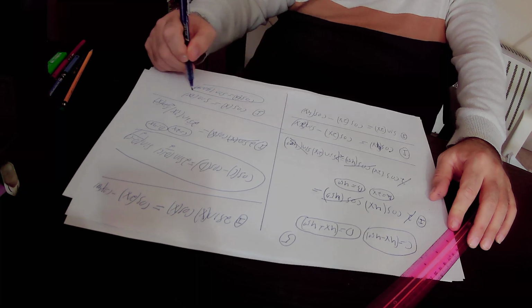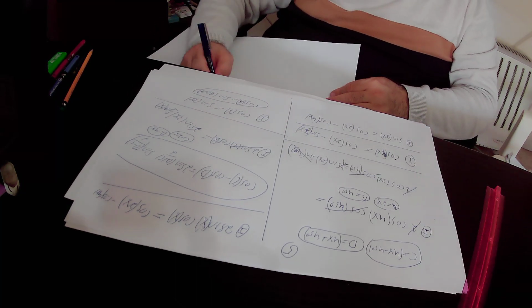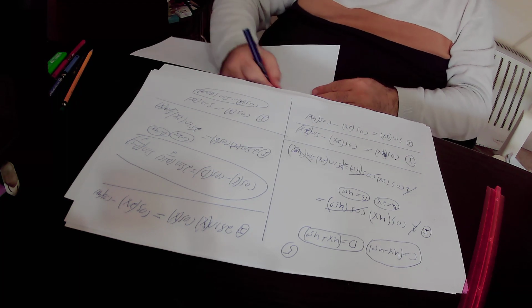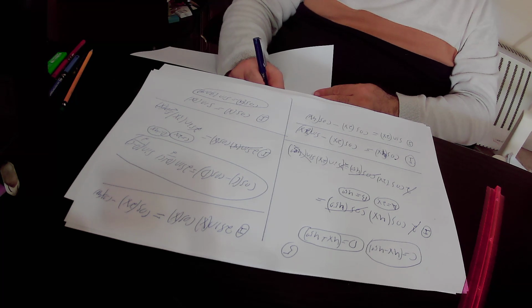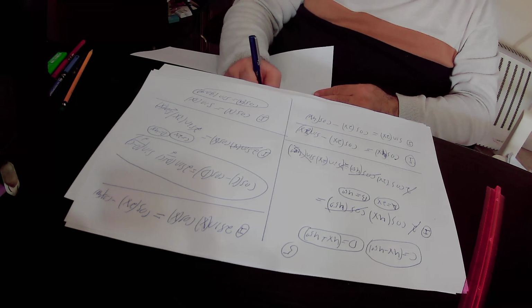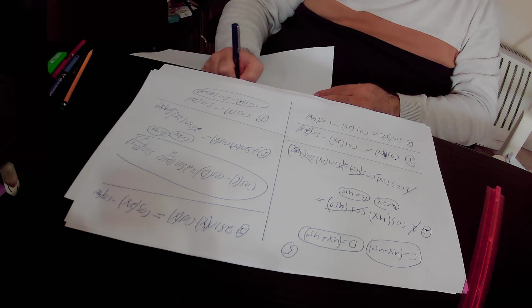According to this trigonometric identity, we will get that cosine x equals sine 90 degrees minus x, and it equals sine 3x.